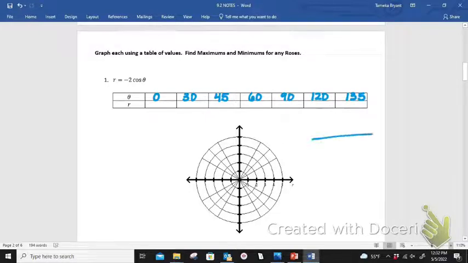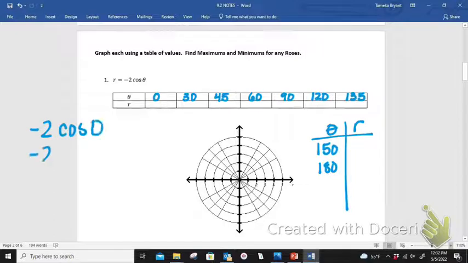And then we're going to need some more, so we've got to make a second table. We'll do 150, 180. So go ahead and start picking up your calculator, and you're just simply typing in -2 cosine 0, -2 cosine 30, -2 cosine 45, and just keep going down.